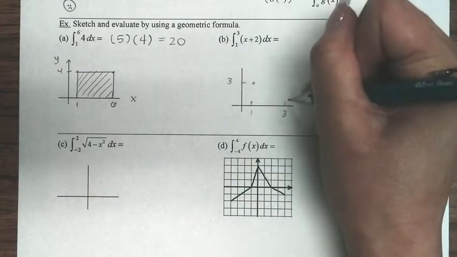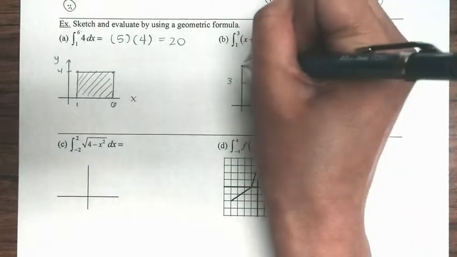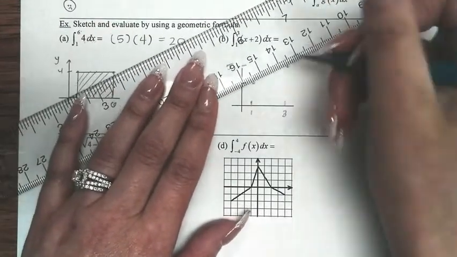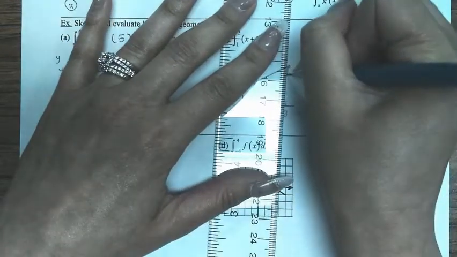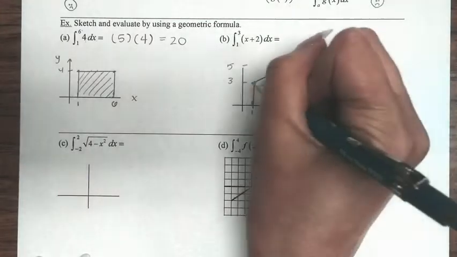In the same way, f of 3 is going to be 5. Let's say that 5 is over here. So you're graphing this equation, and it looks something like this. You're going to tell me, hey, I'm not sure what that is. How can we compute this? No worries.